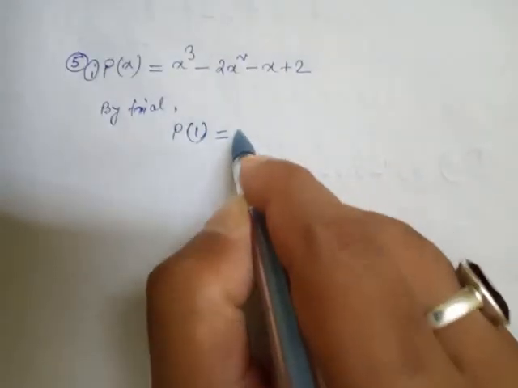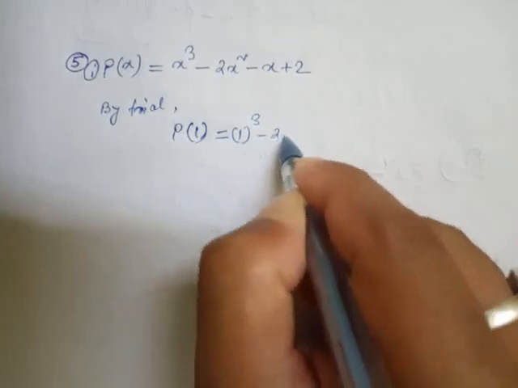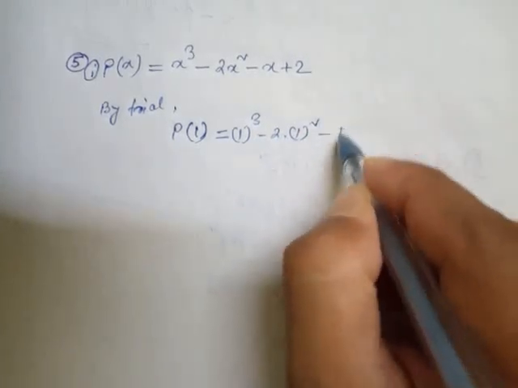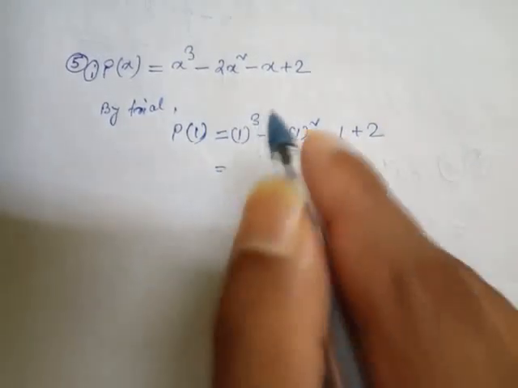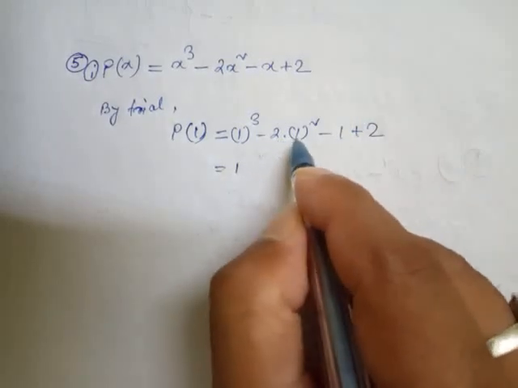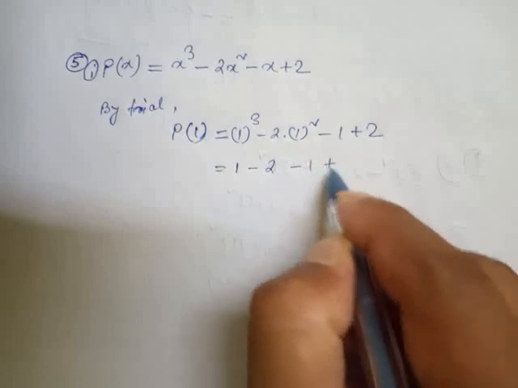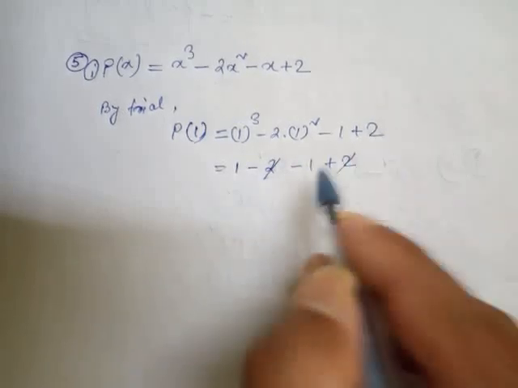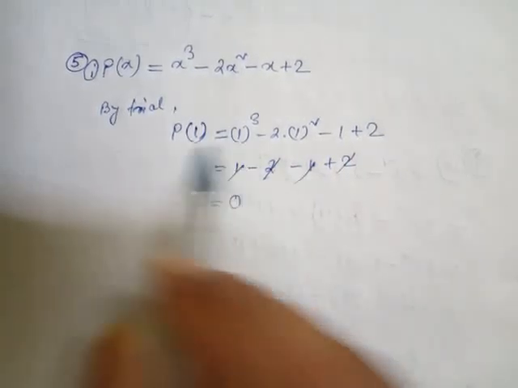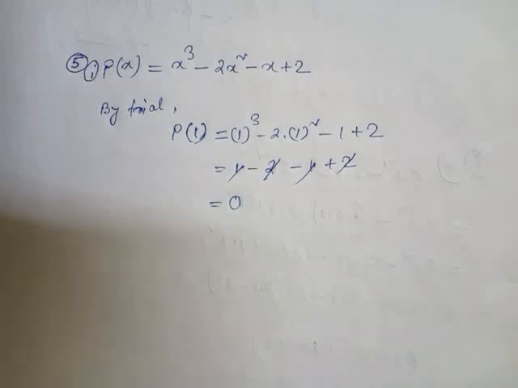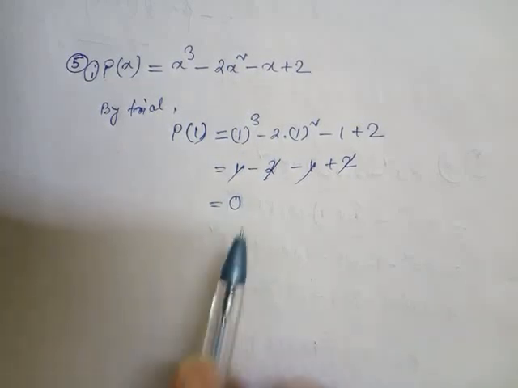This is 1 cube, then minus 2 into 1 square, then minus 1 plus 2. Now look, 1 cube is 1, 1 square is 1, and minus 2 here, then minus 1, then plus 2, which means these cancel, and the answer is 0. So in our first attempt I have used p(1) and we get 0.